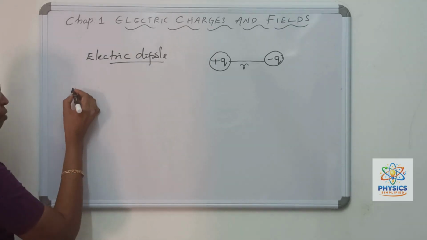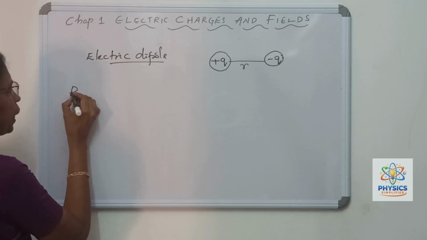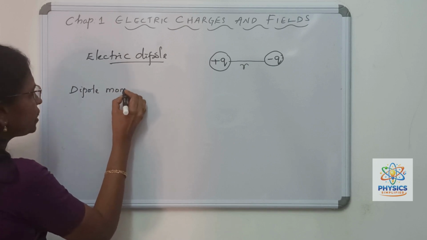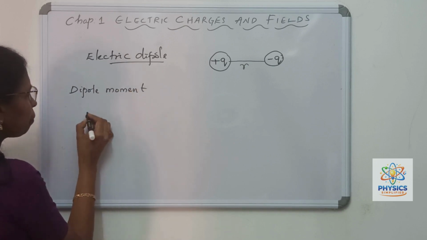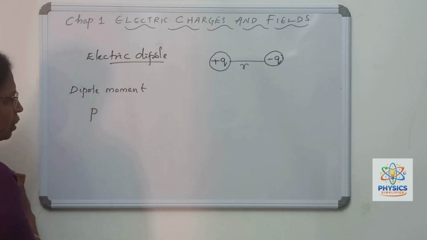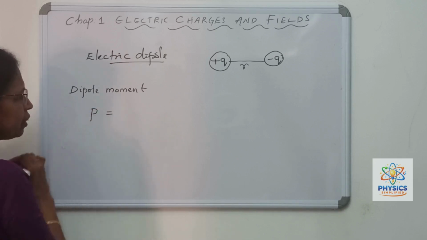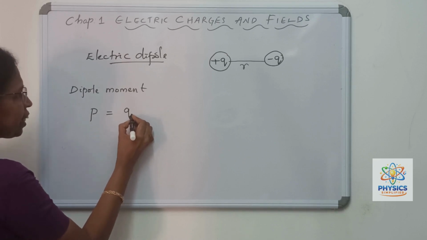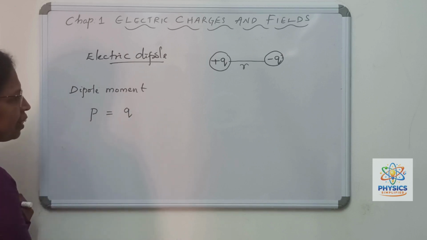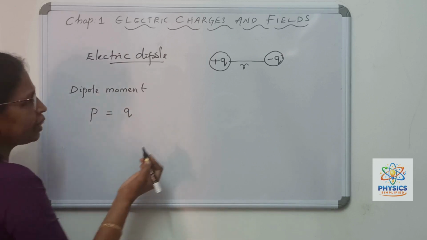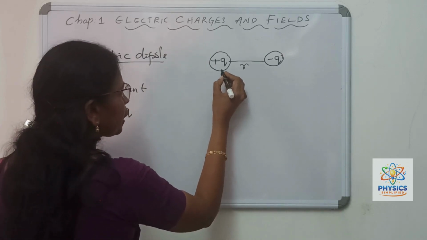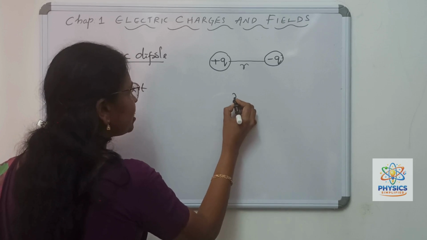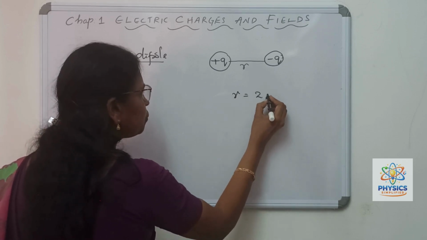And next we have to study electric dipole moment. Electric dipole moment, which is represented by the letter P, is equal to the product of either of the charges and the length of the dipole. Here the distance between a positive charge and a negative charge is taken as 2a.